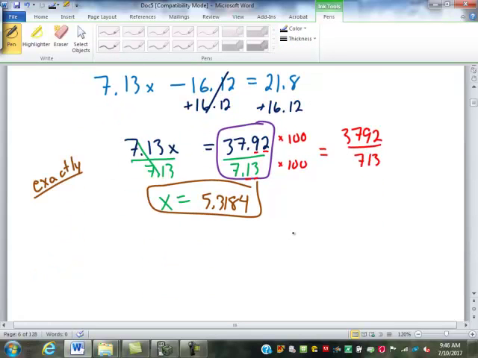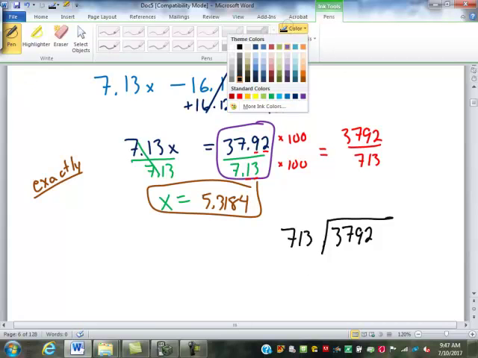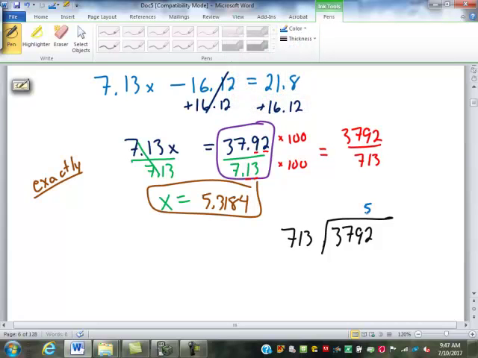Now, I don't see anything that those can both be reduced by. So let's go ahead and divide out. 3,792 divided by 713. It's going to go in there 5 times. 5 times 713 would be 3,565.